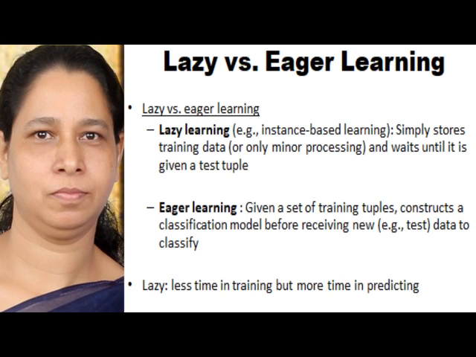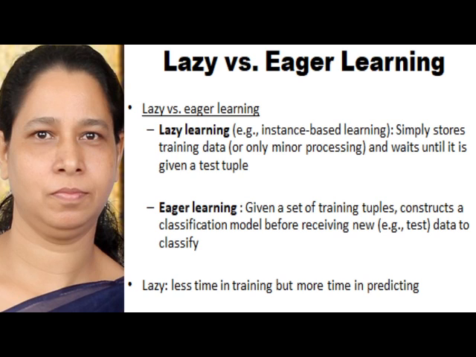But in the case of lazy learners, when they get the training data, instead of creating a model, they simply store the training data. When they get a new object to be classified, they do all computations including comparison. So, lazy learners do less work when a training tuple is presented and more work when making a classification.